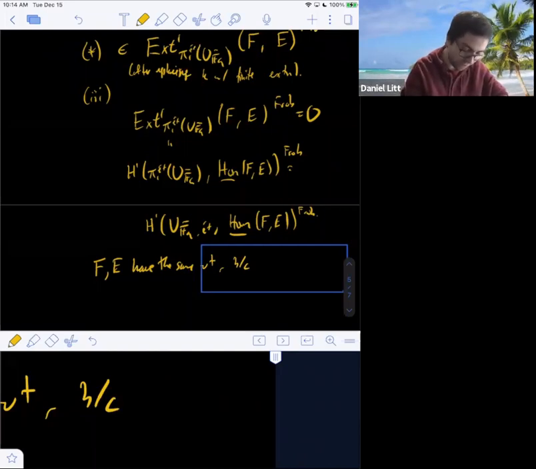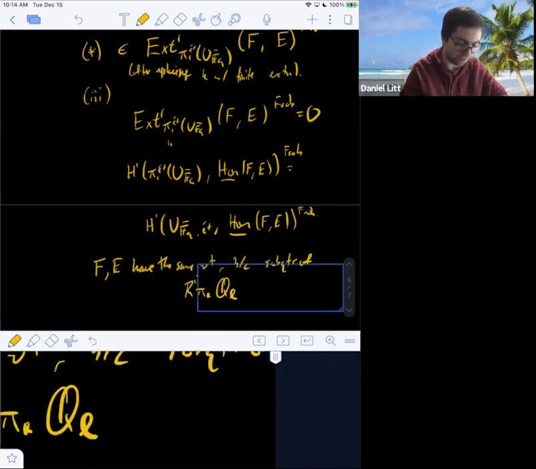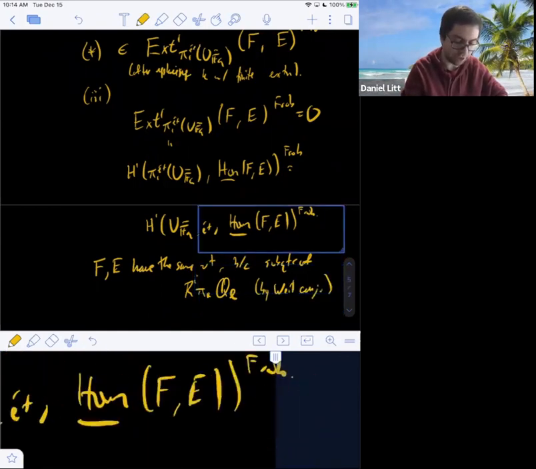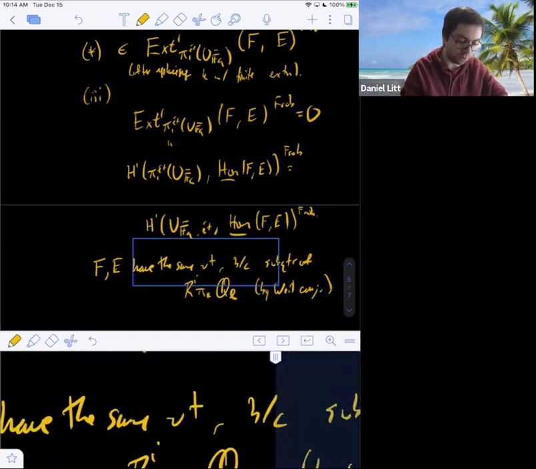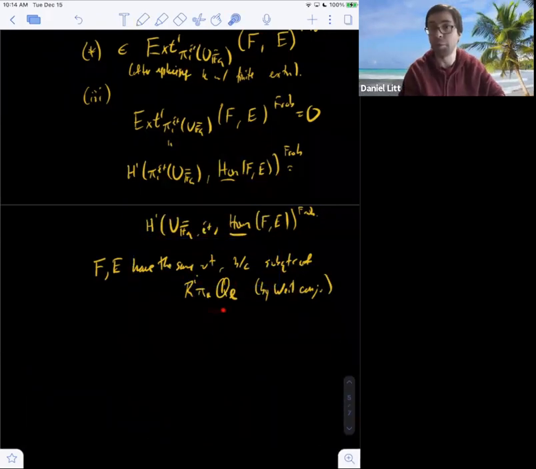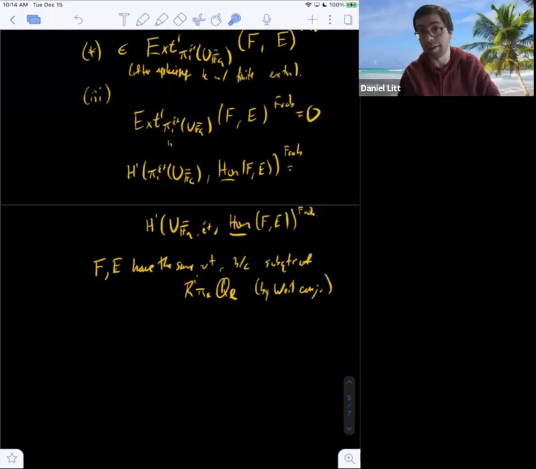So these two sheaves have the same weight just because they're subquotients of R^i pi lower star Q_l. So here we use the Weil conjectures. Namely, how do you compute the weight of such a thing? Well, the fibers of this are just the cohomology of the fibers of our map. So that's the cohomology of a smooth proper variety, so it has weight i.